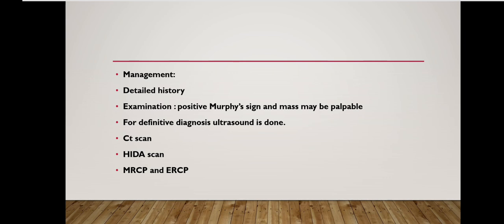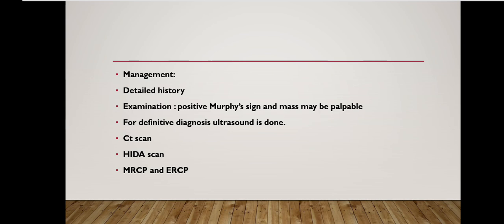On deep inspiration, the pain increases by palpating the right upper quadrant of the patient, and a mass may be palpable. The omentum is normally called the policeman of the abdomen: when there is an inflammation of any abdominal organ, the omentum surrounds the organ to prevent damage to the other organs.